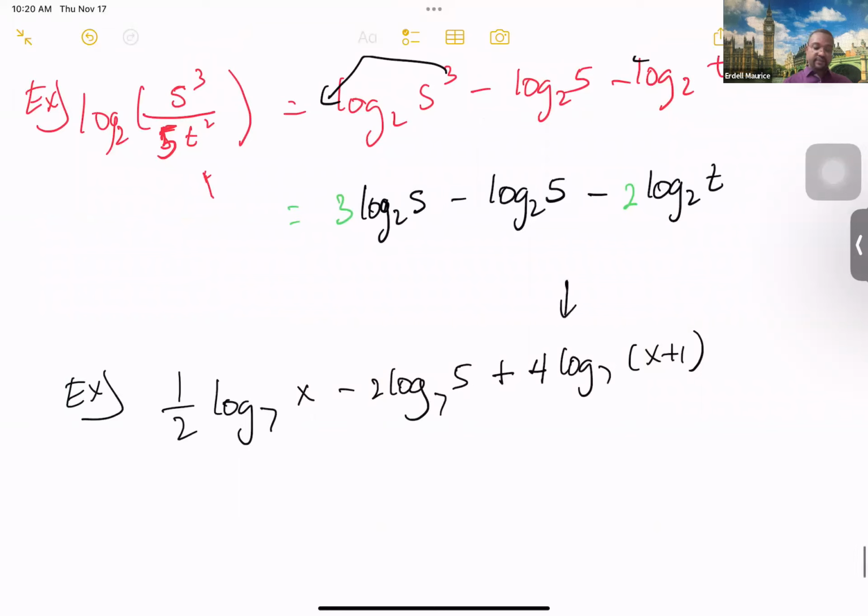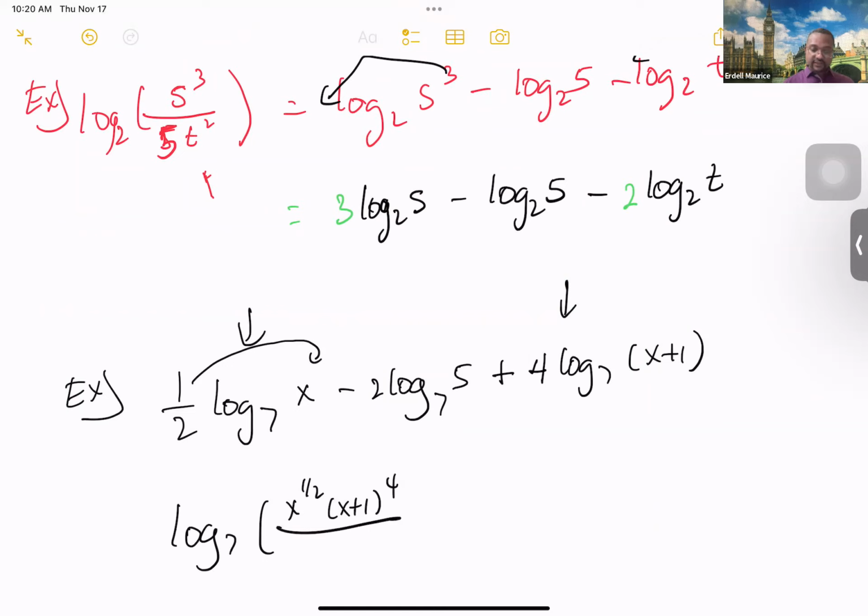Again, I have 2 of them that are positive. That's going to be log base 7 of x to the 1/2 power. Remember, the 1/2 comes up here. Multiplied by x plus 1 to the 4th power.